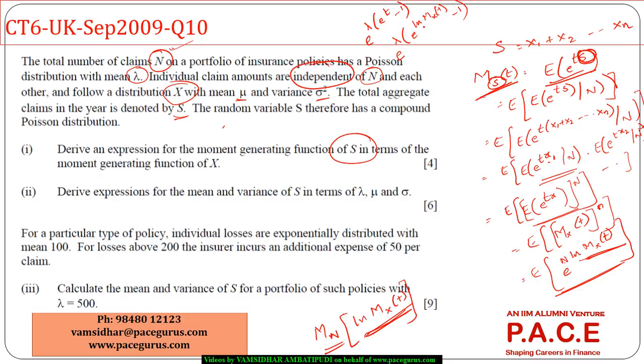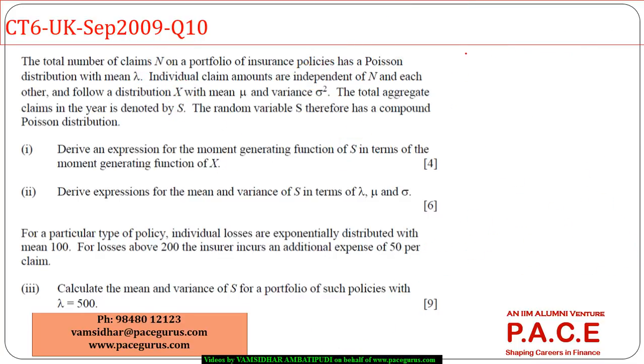Now if I expand, e to the power of log MX of t is nothing but MX of t. So this becomes e to the power of lambda times (MX of t minus 1). So the moment generating function of S in terms of the moment generating function of X has come out: MS of t is e to the power of lambda times (MX of t minus 1). Okay, so this part is taken care of.